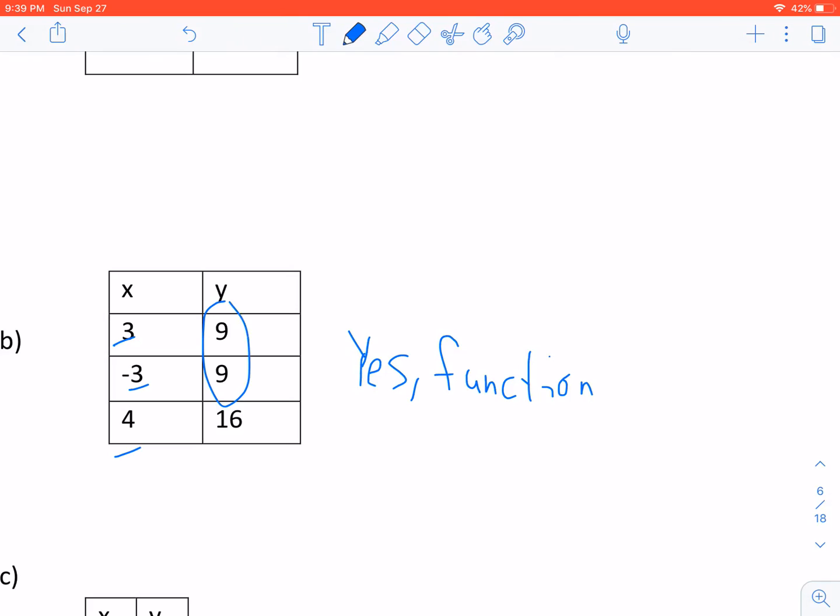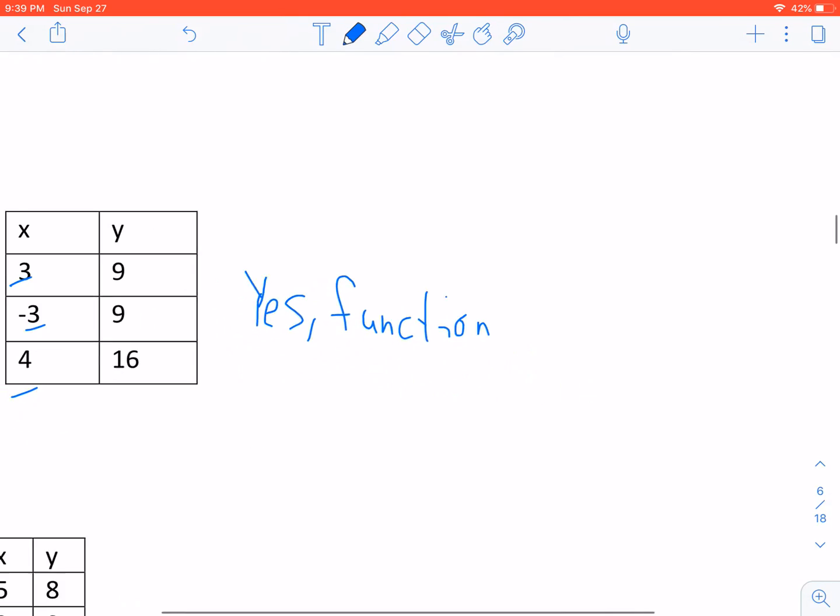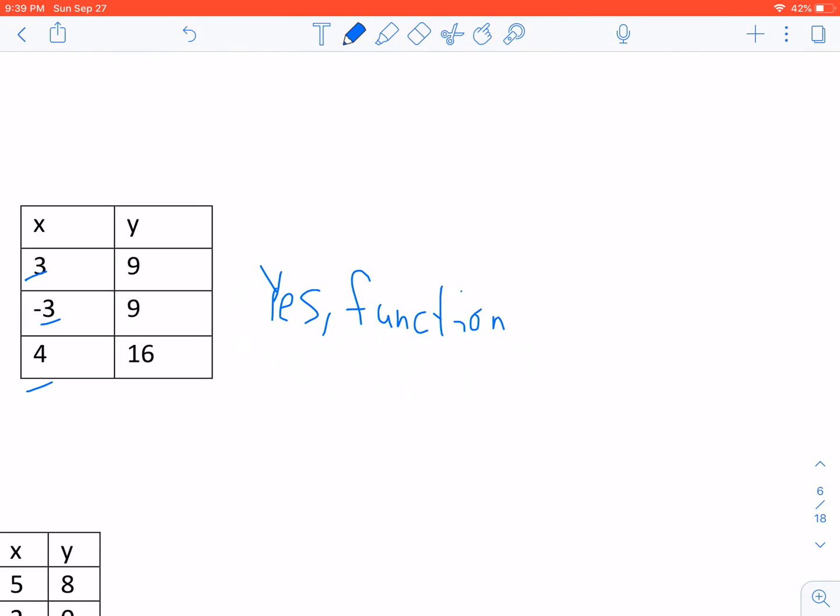Does it matter that the y's repeat? No. Let's look at the graph of this one. This would look like -3, 9, 3, 9.